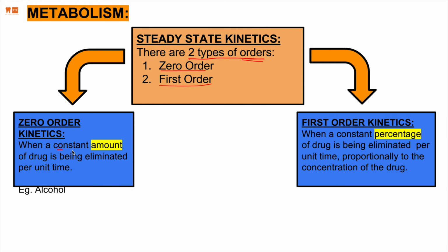That is constant amount of drug. That is zero order kinetics, such as alcohol. First order kinetics, this is where most of the drugs fall, is when a constant percentage of drug is being eliminated per unit time, proportionally to the drug concentration. Percentage, amount.